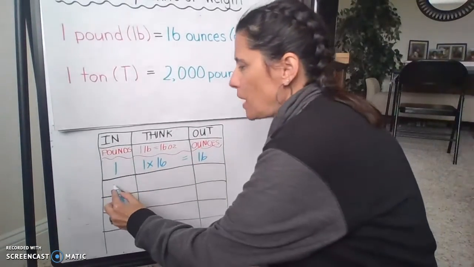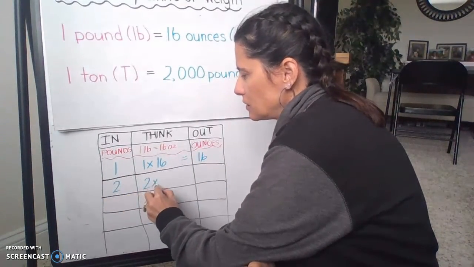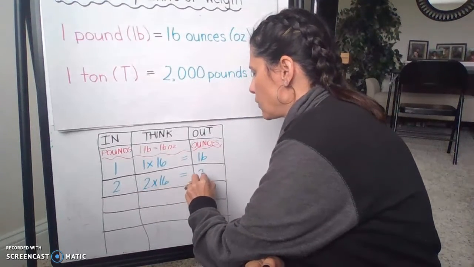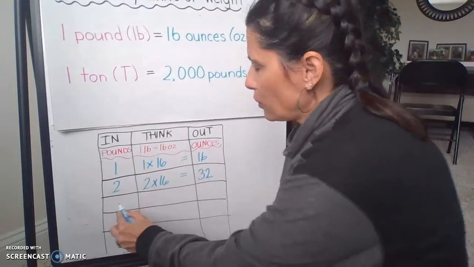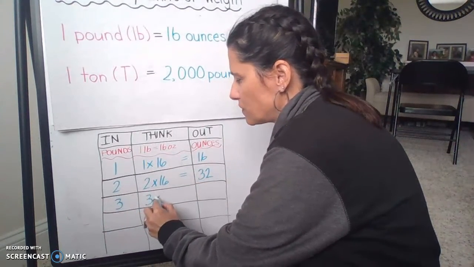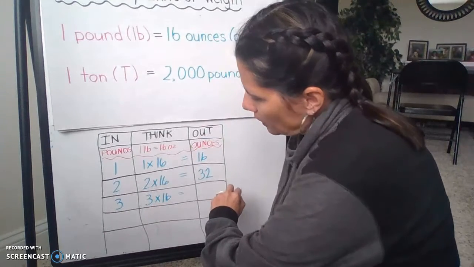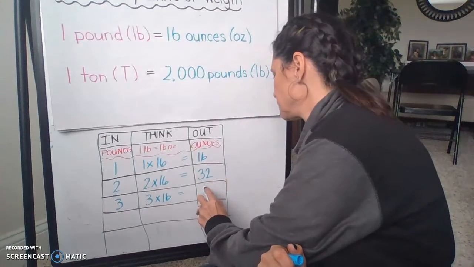Alright, so if we had 2 pounds, that means we have 2 groups of 16, and that means I have 32 ounces. And then if we have 3 pounds, that means we have 3 groups of 16, and that means I have 48.